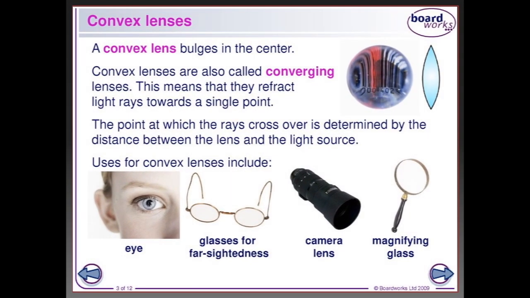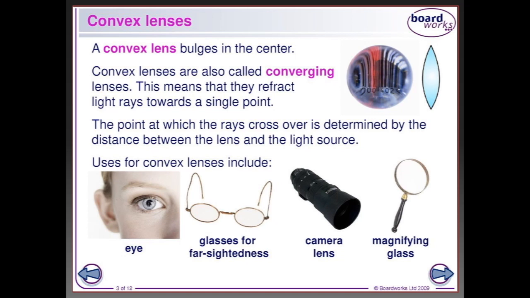Okay, now what happens when the object is placed between F and C? When an object is placed in between the center of curvature and the principal focus, where F is the principal focus, a real and inverted image is formed behind the center of curvature. The size of the image is bigger than the size of the object.